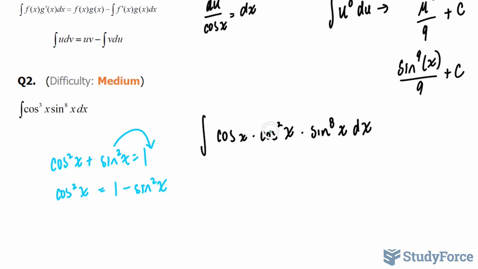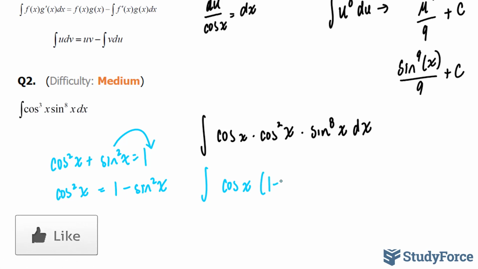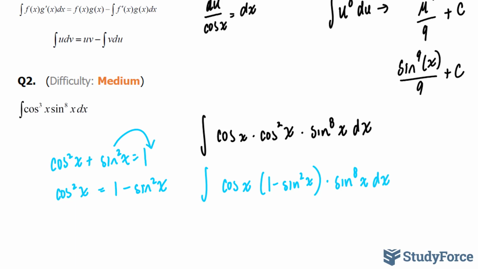And this is equivalent to that expression. So I'm going to replace this with that. And by doing that, it actually makes the integration a lot easier. So 1 minus sine squared x. And of course, there's no instructional manual to this. I happen to see it. And if you happen to see it, it's even better for you. Times sine to the power of 8x dx.